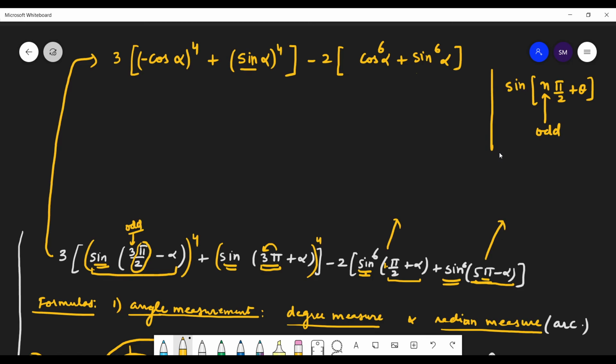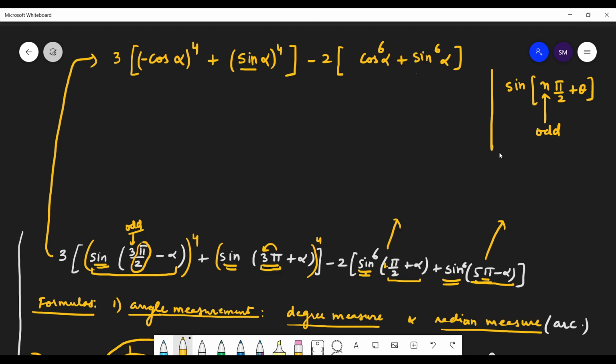And if it is a multiple of 180 degrees, then you need not change. Sine will remain sine. The algebraic sign, plus or minus, will depend on the quadrant. Done, students?